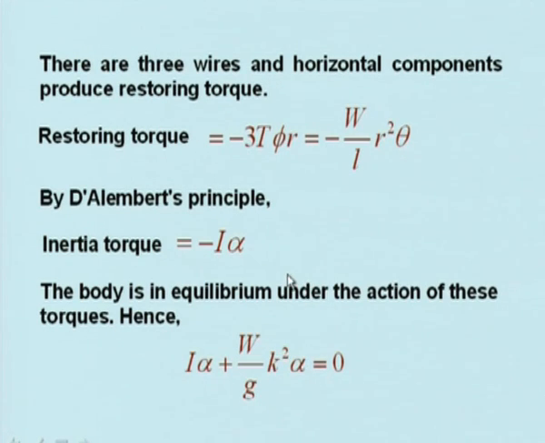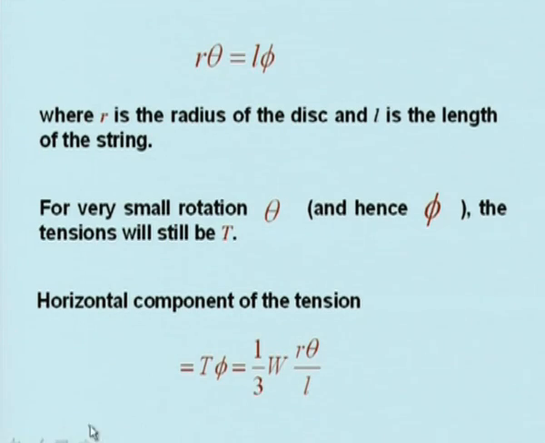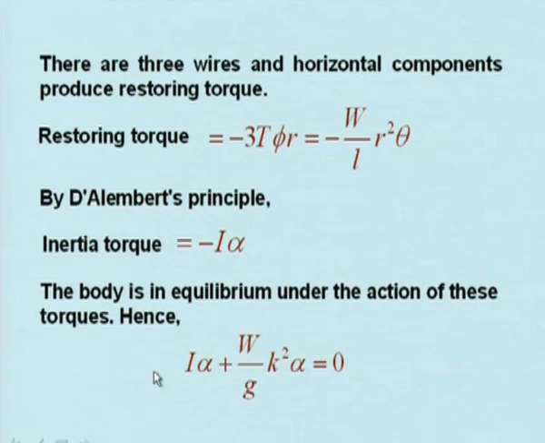Therefore the restoring torque is equal to minus 3 T phi times R, that is minus W by L R square theta.